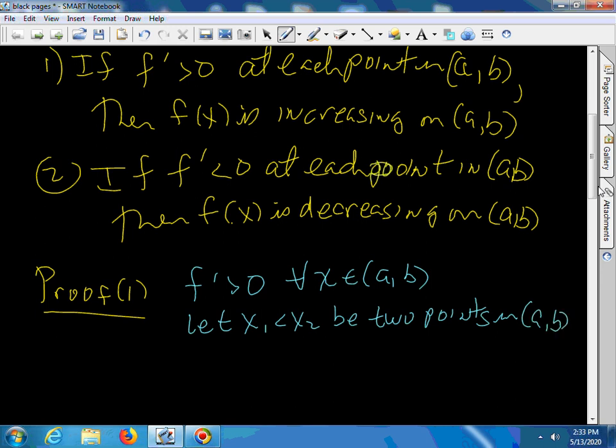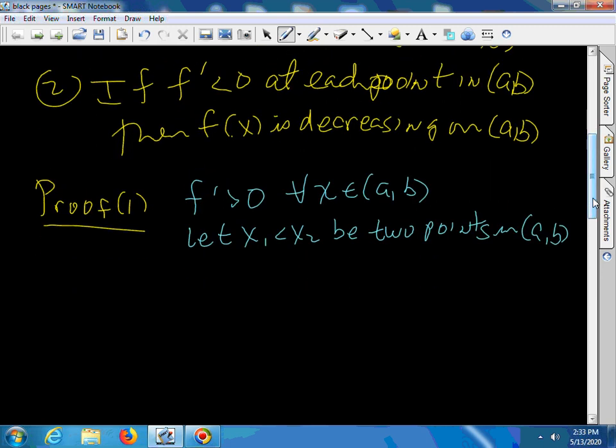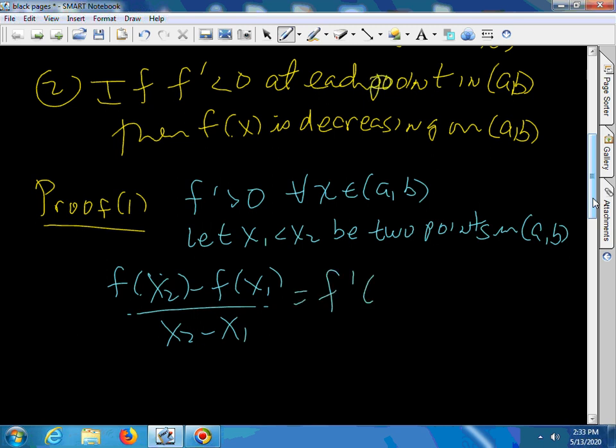So what do we know? We know that by the mean value theorem, f of x2 minus f of x1 over x2 minus x1 is equal to f prime of c for c in AB. Okay.